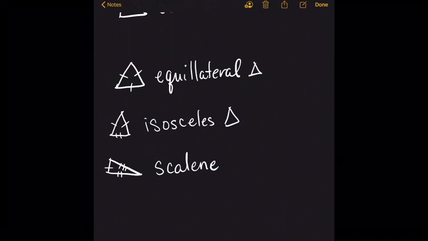Okay, so equal sides can tell us something about the angles. So let's look at our isosceles triangle. If you have 2 sides that are equal, that means that you also have 2 angles that are equal. So the angle opposite that side is going to be equal.